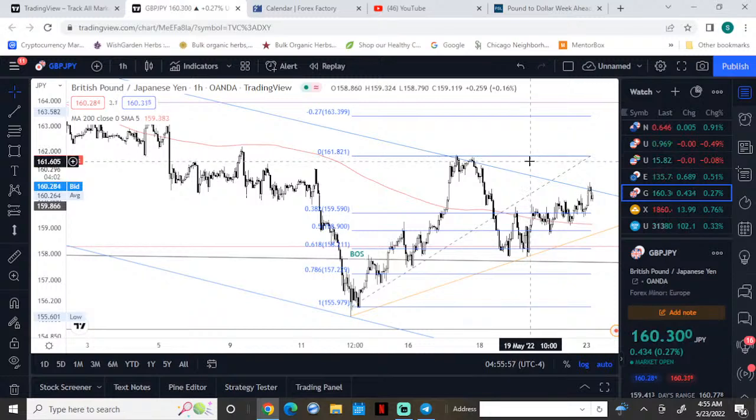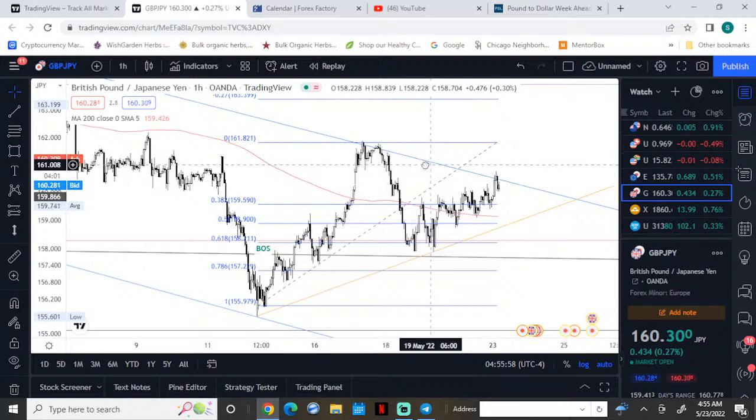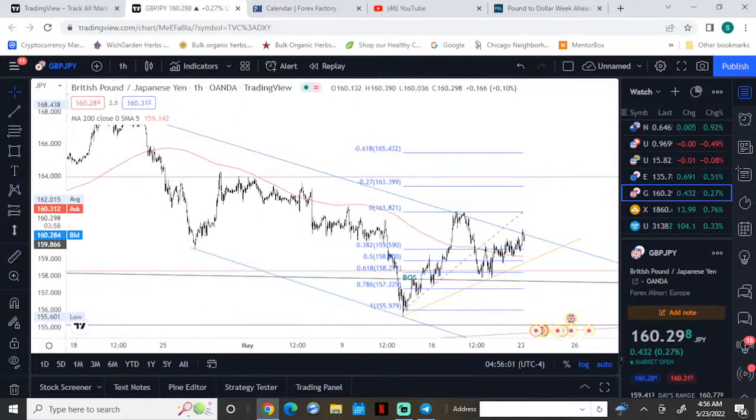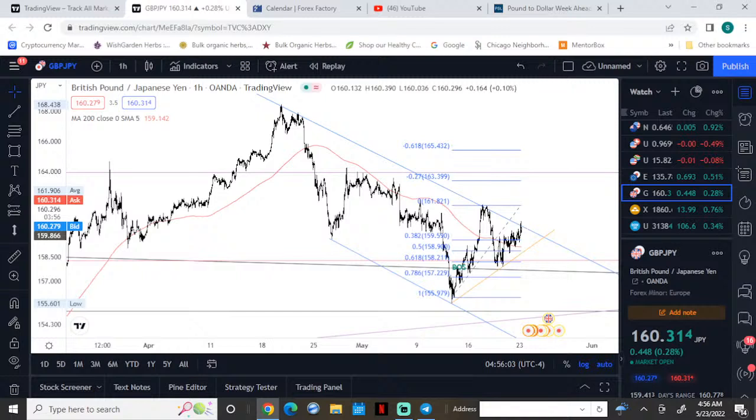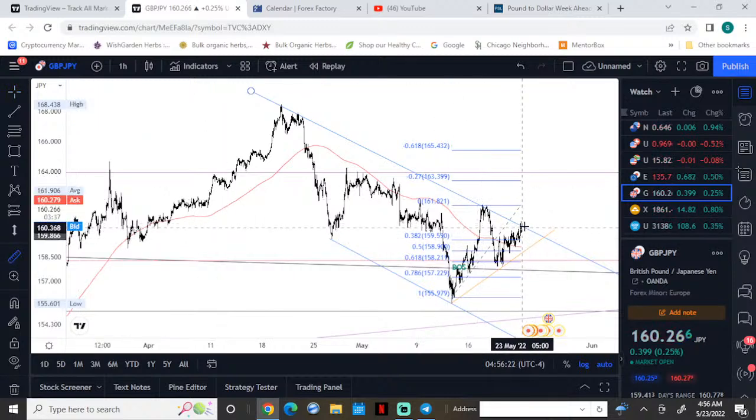So with GJ, let's see. Just because we have this trend line and it is in this channel, I would want to see it continue to sell. But if it breaks and retests, I'm gonna get in, take that buy.